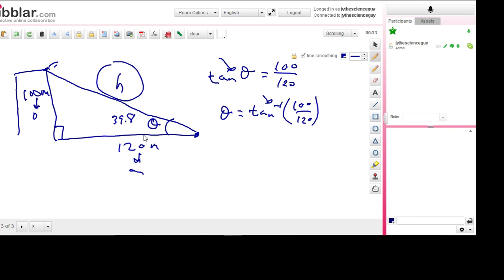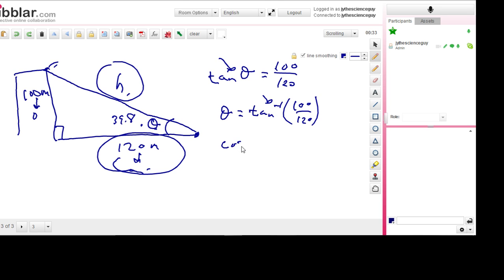So if I use the hypotenuse, I have to choose which one of these sides I'm going to use, because I have this angle and the hypotenuse. So what other side do you want to use? Adjacent. Okay. So if I have the adjacent and the hypotenuse and the angle, what trig function is that? Cosine.